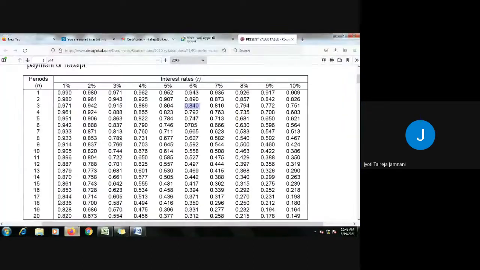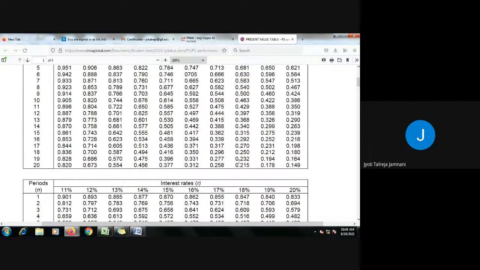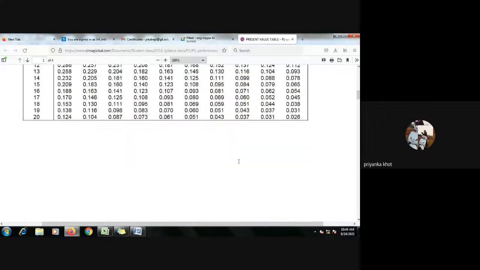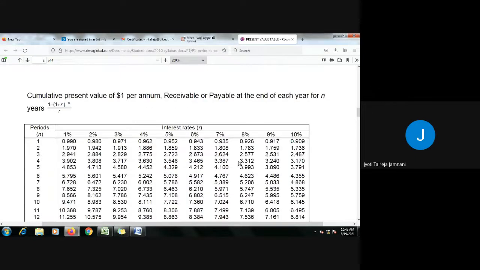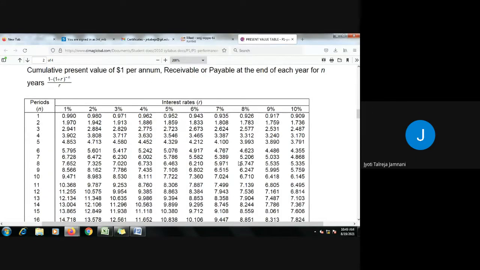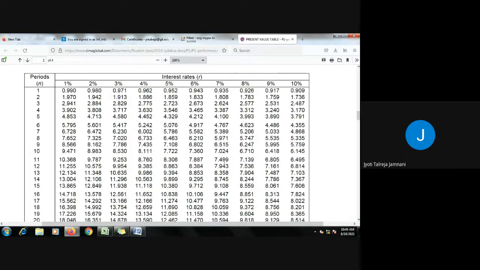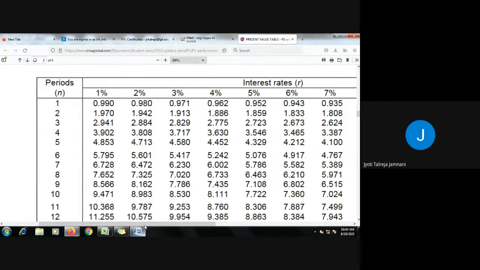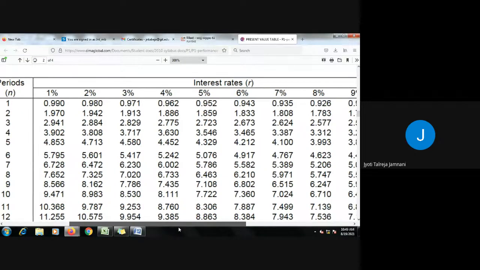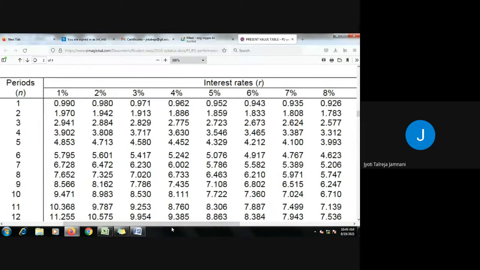For everybody, is the table visible clearly? I want the annuity table, so it's on the next page. Here is the annuity table. Now all of you with me.